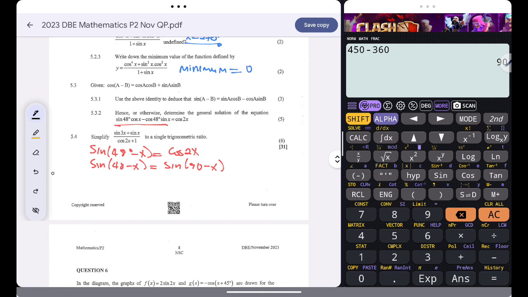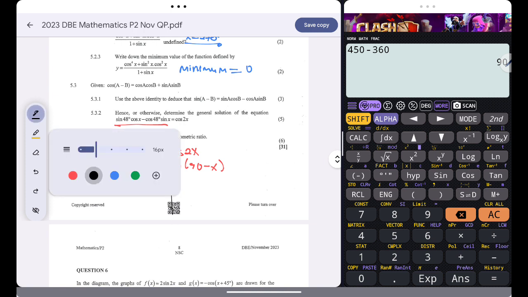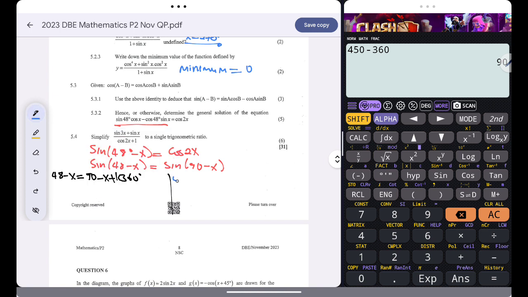I know that sine is positive in the first and second quadrant. So in the first quadrant, I'll simply have 48 minus x is equal to 90 minus x plus k 360. And then in the second quadrant, I'll simply have 48 minus x is equal to 180 minus 90 minus x plus k 360. Are you together? For this one, I won't get any solution.